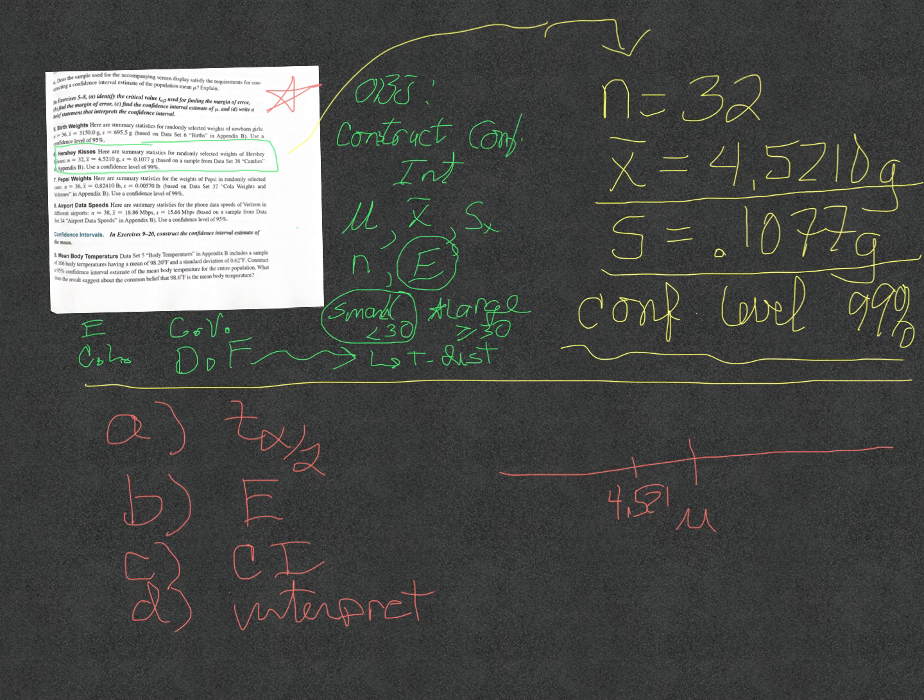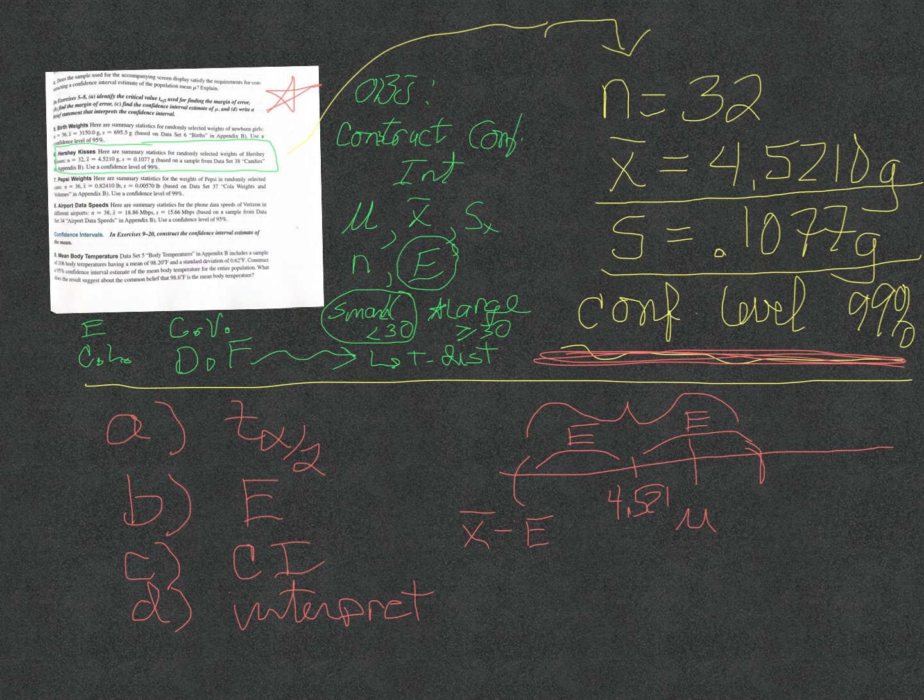Here's our estimate. When I say I want to make a 99% confidence interval, what that means is, with the 4.521 in the center, I'm going to find a lower number and a higher number, and therefore come up with an interval. This distance here is the margin of error.